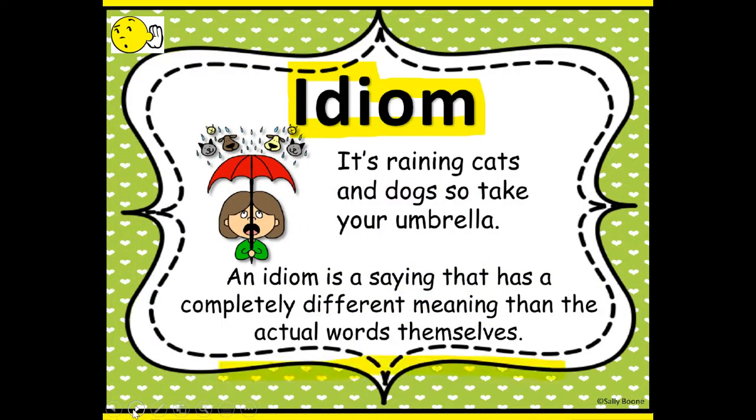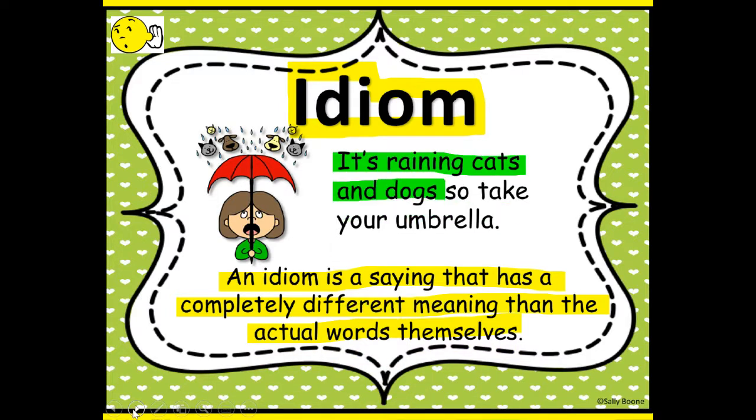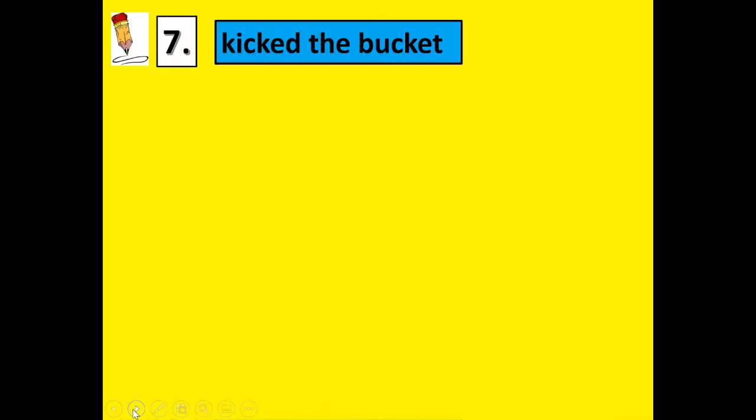Now, a reminder, an idiom is a saying that has a completely different meaning than the actual words themselves. It's raining cats and dogs, so take your umbrella. So here is an idiom, kicked the bucket. What does kicked the bucket mean?